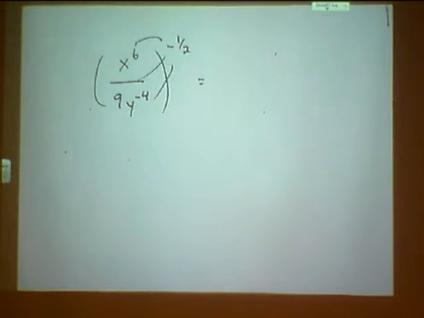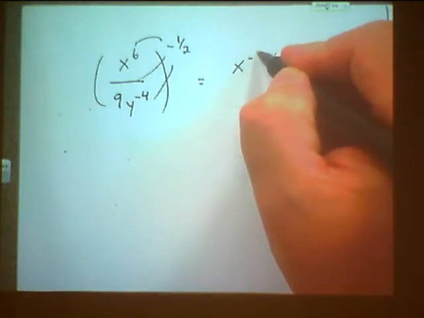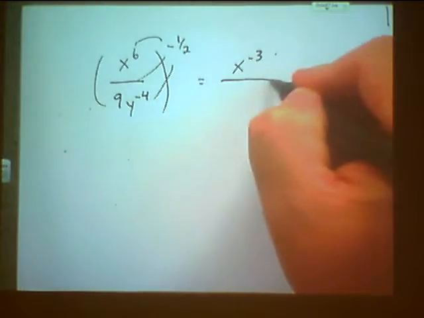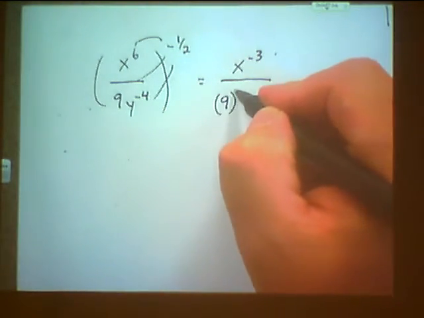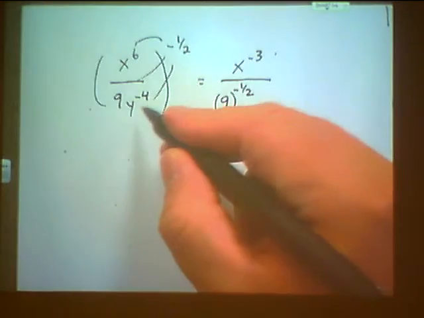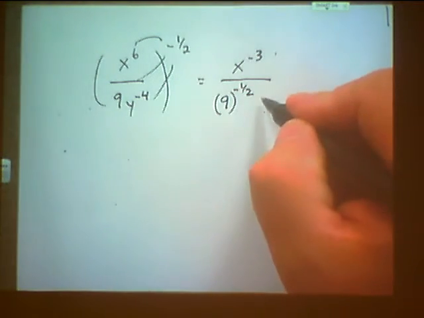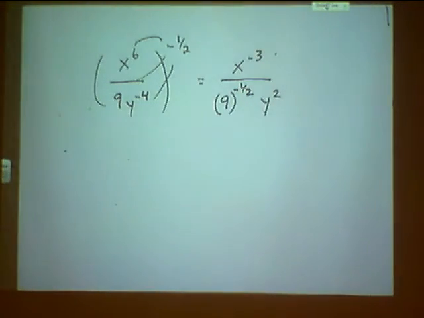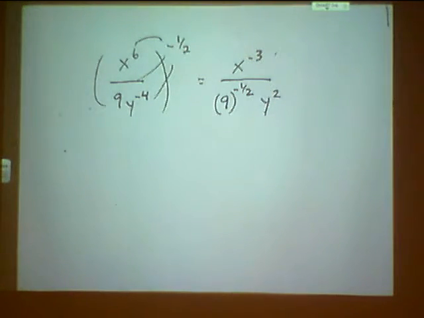That's going to be 6 times negative 1/2, that would be x to the negative 3. 9 to the negative 1/2. And then y to the minus 4 raised to the negative 1/2. You multiply those exponents, and you get y squared. So in a minute, we'll have to take care of this minus 3 for the exponent of x.